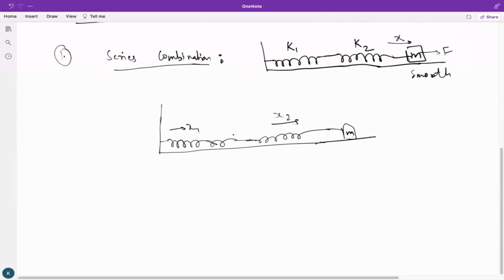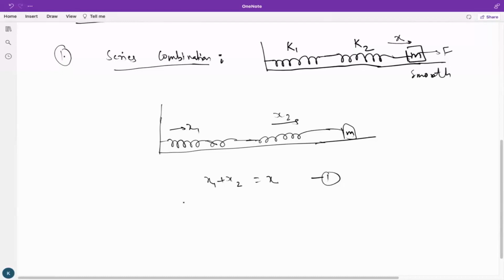X1 plus X2 is our net displacement of the mass M, which is equal to X. This is our equation number one. So there is a displacement X1 in the first spring and X2 in the second spring, and the net displacement by the two springs is termed X.